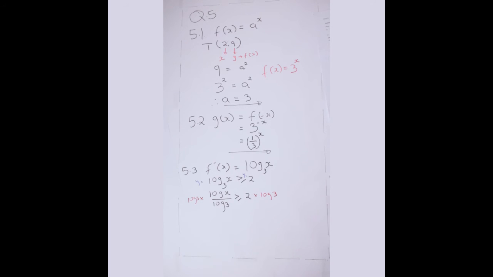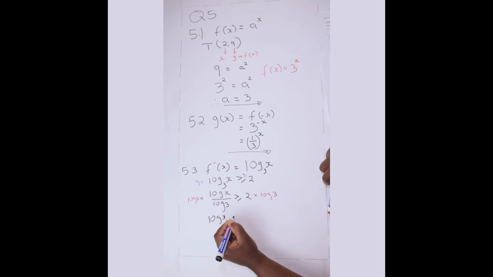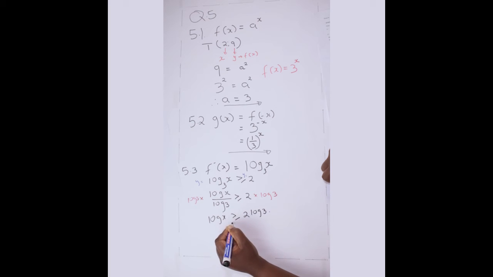And if that's the case, what is going to be the result here is log x greater or equals to 2 log 3. And that can be rewritten as log of 3 to the exponent 2.